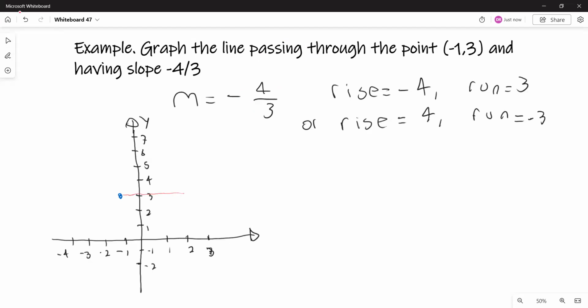So run 3, fall 4, up to negative 1. Or run 3 units back, rise 4 units. So 3 back, rise 4. And we can indicate that's 3, negative 4, negative 3, and 4.